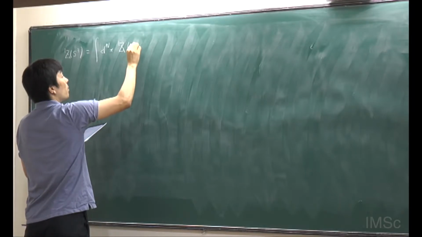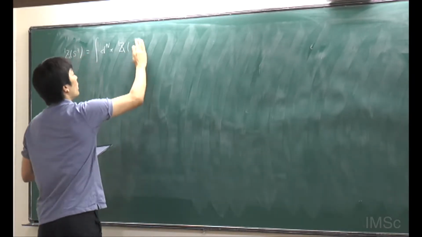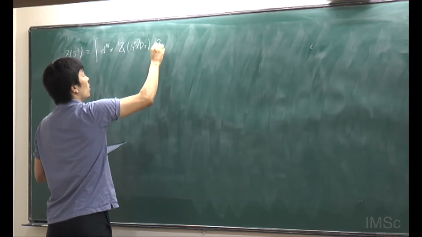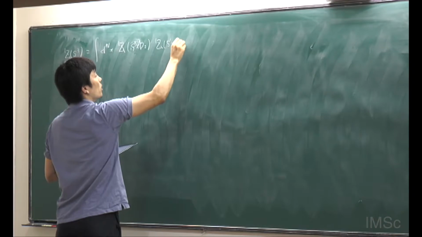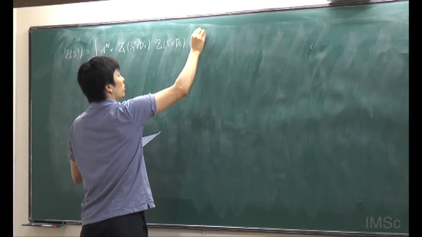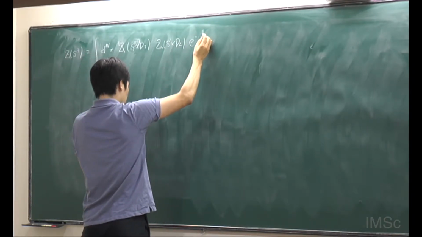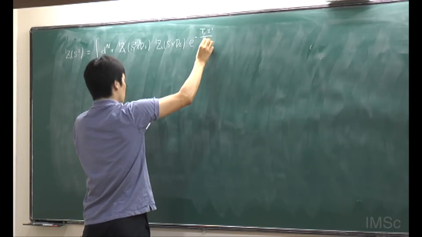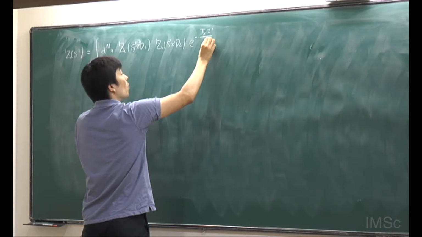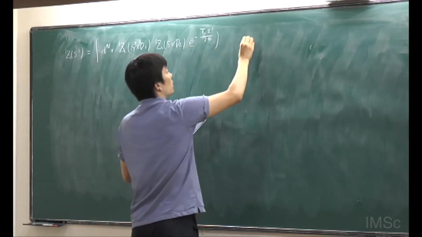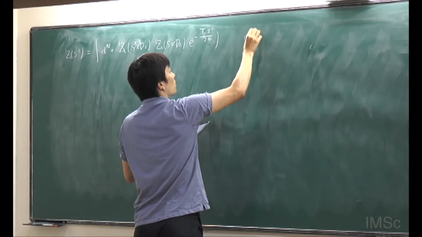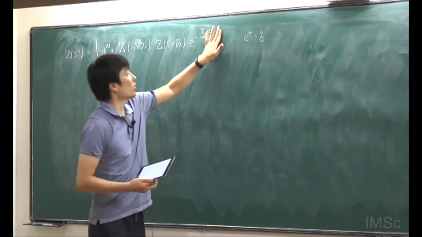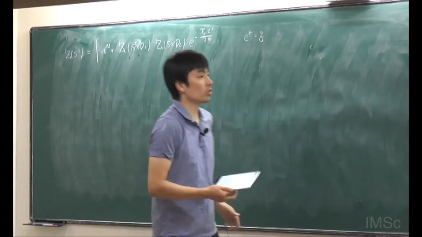So this is S1 cross D2, the Z of S1 cross D2, and e to the minus trace x squared over 2 epsilon, where e to the epsilon is equal to q. So here you have one index for S1 cross D2.